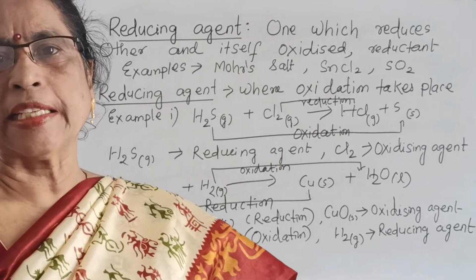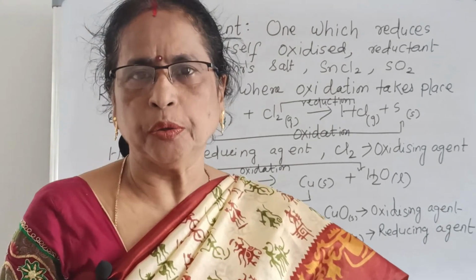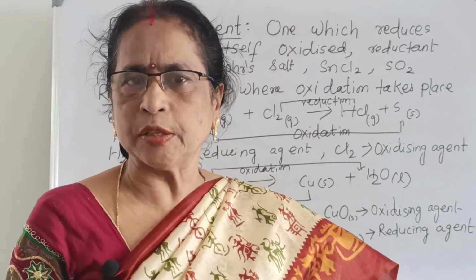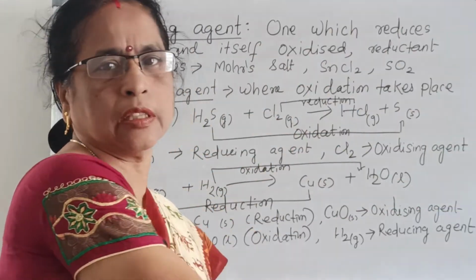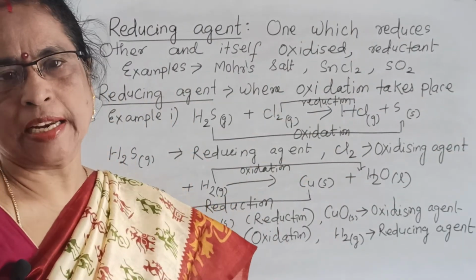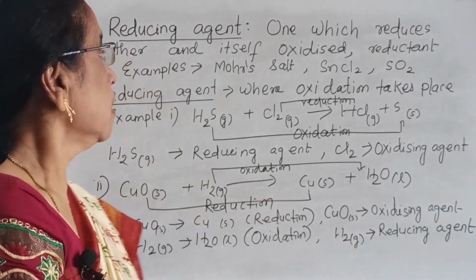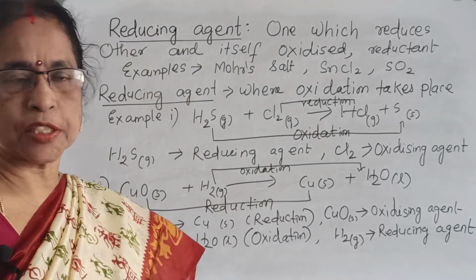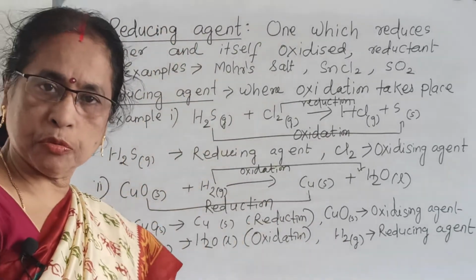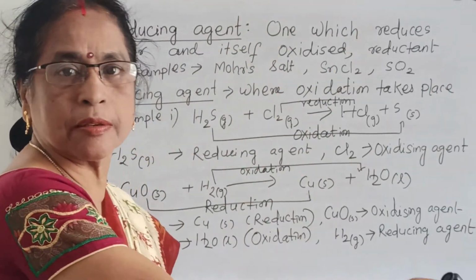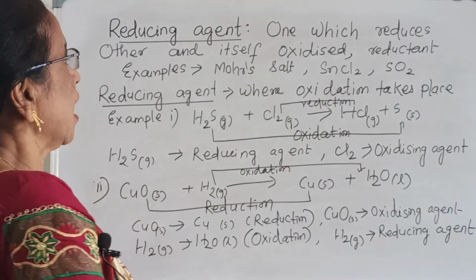What is an oxidizing agent? That is clear to you. An oxidizing agent is one which oxidizes others and itself is reduced, and it is also called an oxidant. Now what is a reducing agent? A reducing agent is one which reduces others but itself is oxidized.